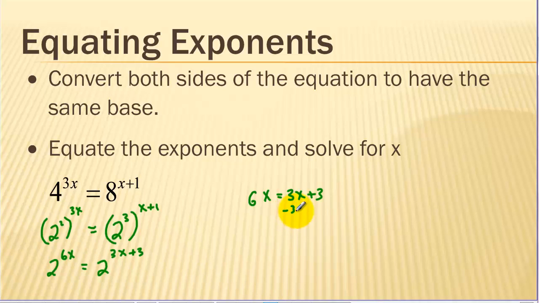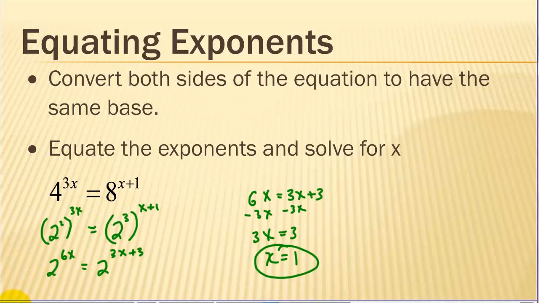And now we can solve for x. And we get x equals 1. So again, this technique works when we have exponents on both sides of the equation. But again, these numbers for this method to work have to be powers of the same base.